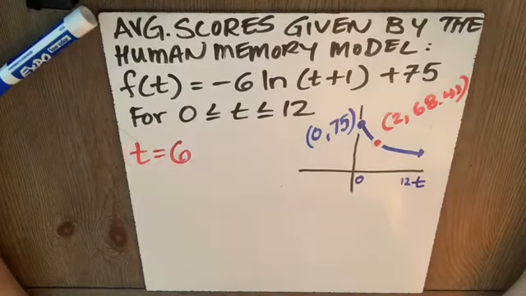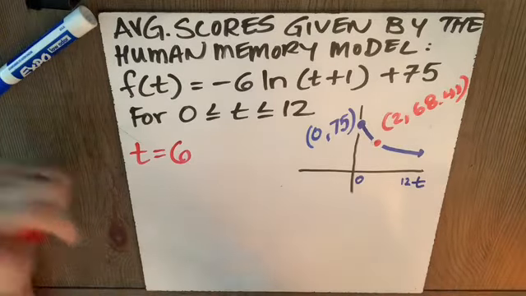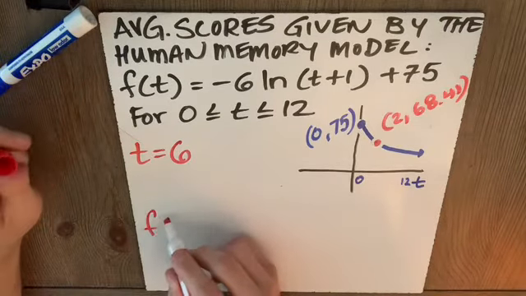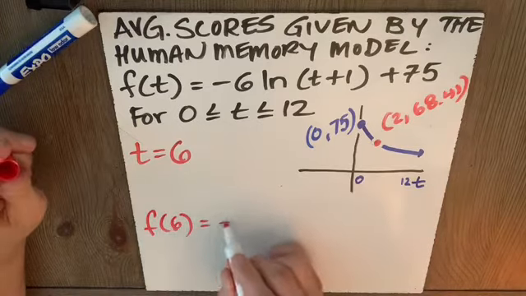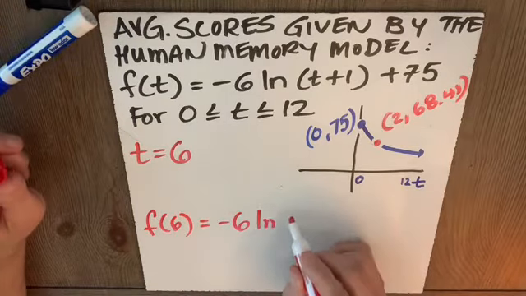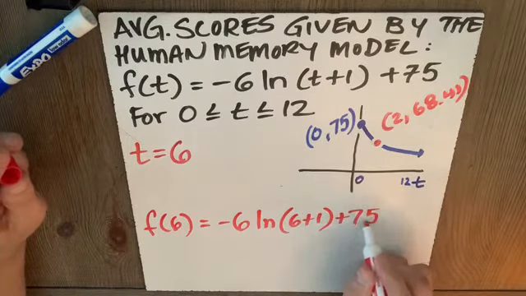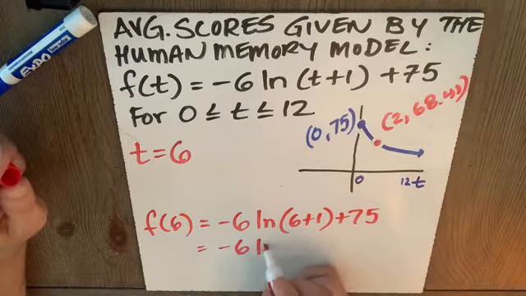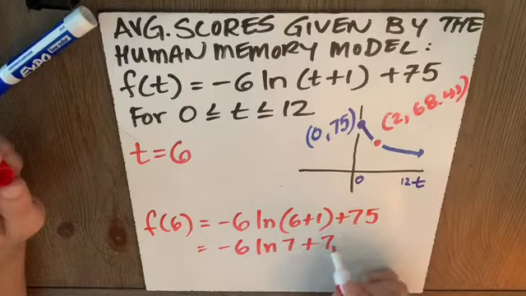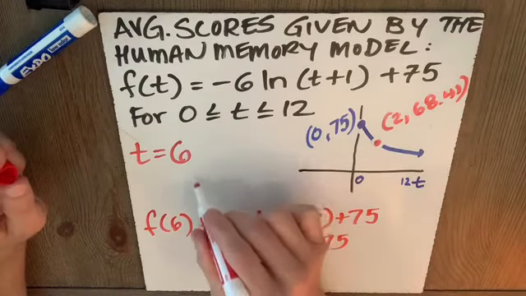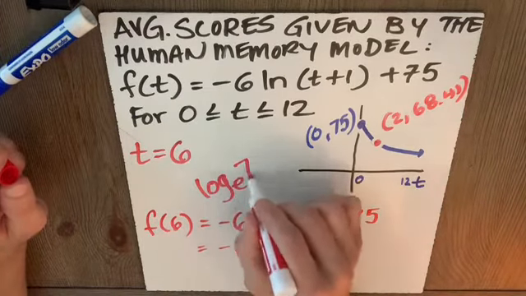And here is a very sad story. How about 6 months later? How much of the material had the students retained? Well, we're going to find f of 6, which would be -6 natural log of 6 plus 1, plus 75, which of course simplifies to -6 natural log of 7 plus 75. And this part here is log base e of 7.